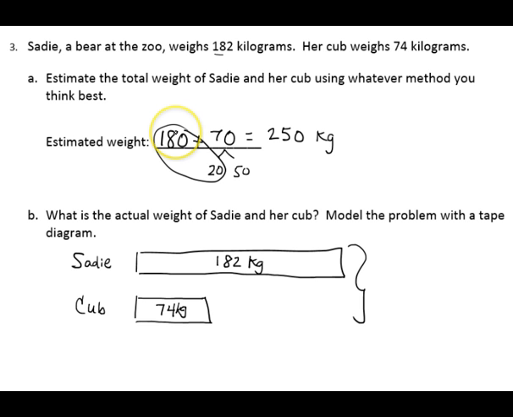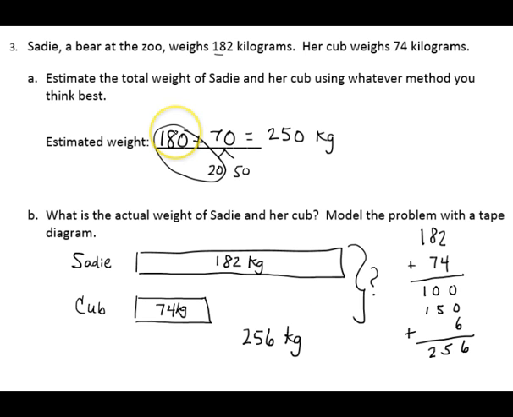And the question is, how much do they weigh together? We'll add 182 plus 74. We have 100, 80 and 70 is 150, 2 and 4 is 6. I have 6 ones, 5 tens, and 200. So our real answer is 256 kilograms compared to that estimated answer of 250 kilograms, which is pretty close.